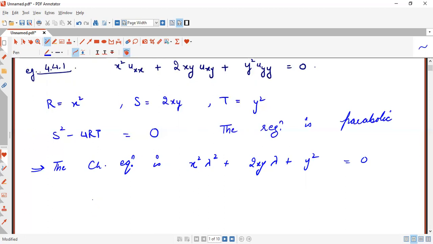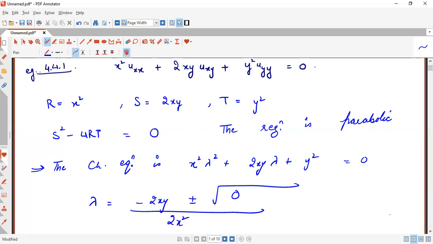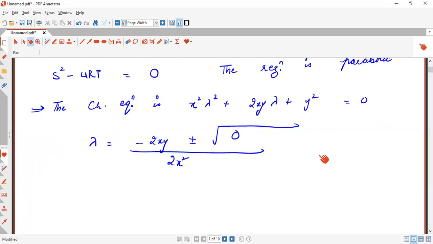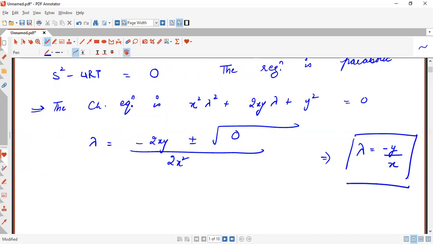Find the value of lambda. Minus b plus minus under root b square minus 4ac upon 2a, where the discriminant is 0 and a is x square. Cancel out the common part. What you will get is minus y upon x, right?